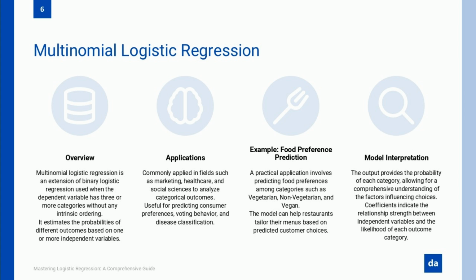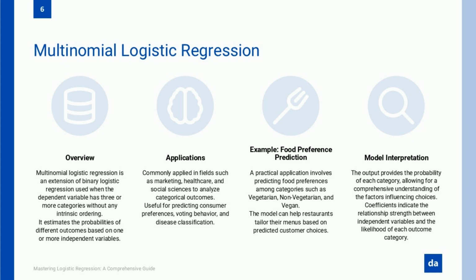Instead of just splitting things into two groups, multinomial logistic regression estimates the probability of each possible category. It doesn't just decide if a customer is vegetarian, it calculates the likelihood of them being in any of the three groups. The category with the highest probability is the one the model predicts.